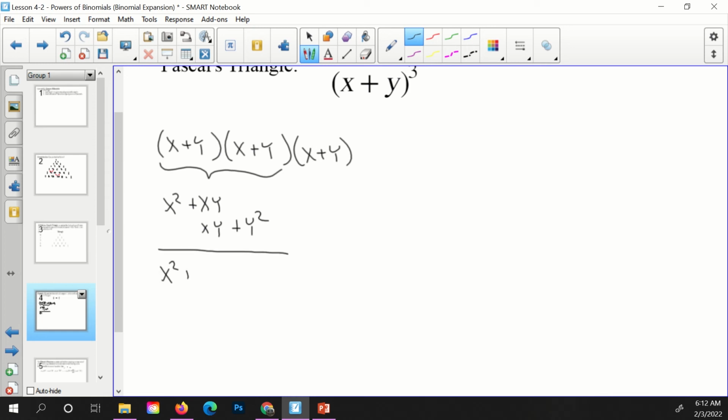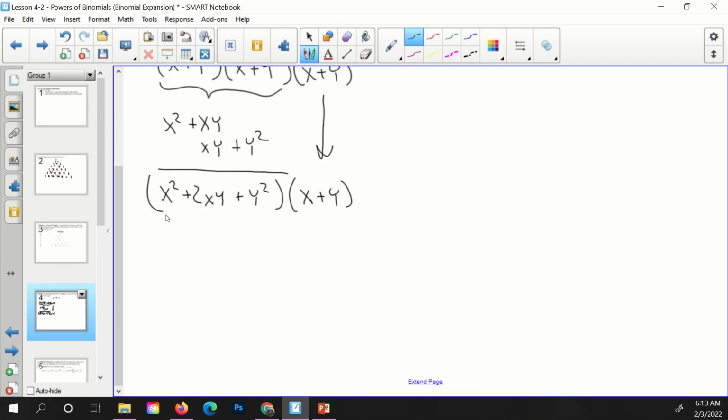When I add those up, I'll have x squared plus 2xy plus y squared, and then I have to bring this down and multiply it by x plus y. So I'm going to distribute. x squared times x is x to the third. 2xy times x will be 2x squared y.